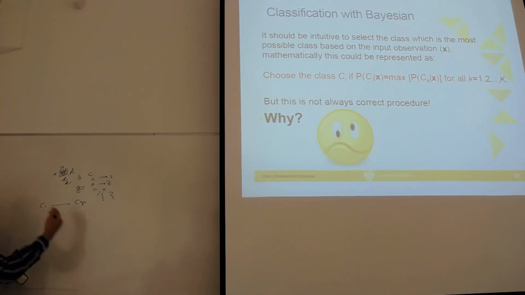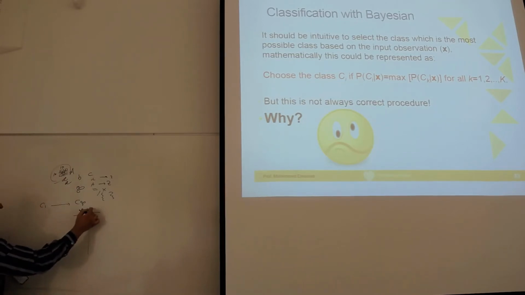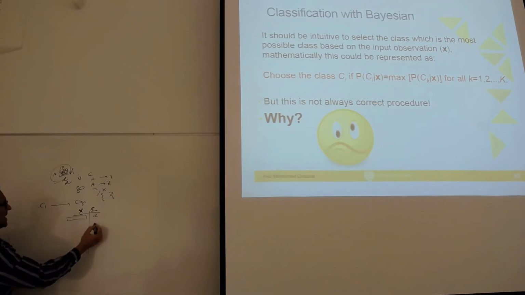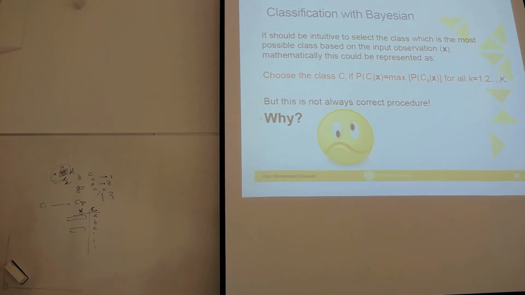During learning, we built a table with the input x and the class C. For certain input we have class C, for example this is A, this is B, and this is C, and so on, up to 80 possible classes. Based on this, we can build our likelihood function, for example the probability of x given the class Ci.